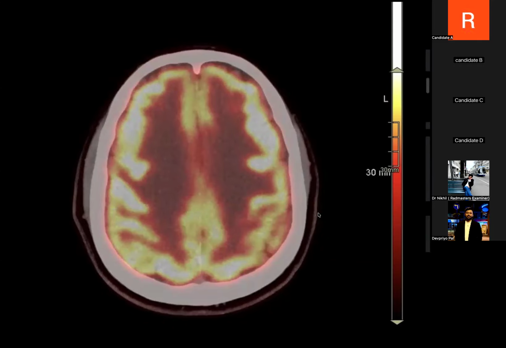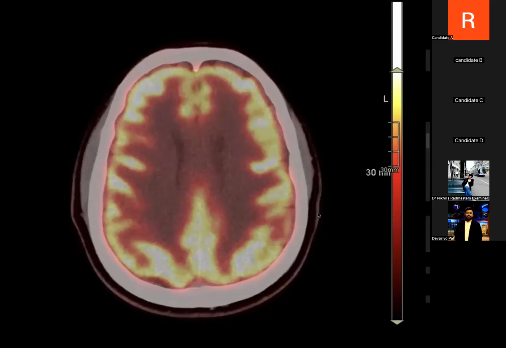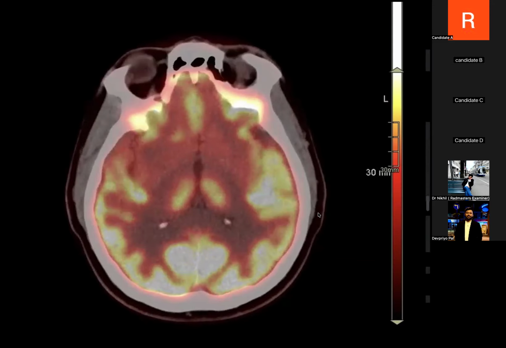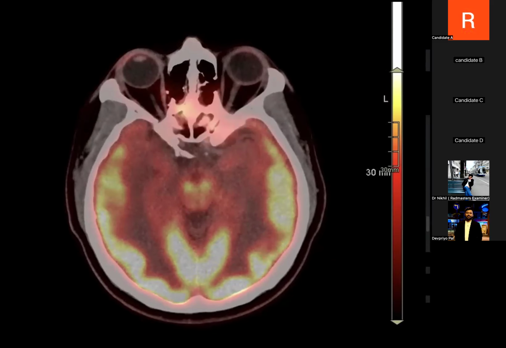So what are you thinking about? So the patient had a history of movement abnormality, so I'm thinking in terms of Parkinson disease, or with the history of dementia, this could also be Alzheimer's disease. I would further correlate with the MRI brain images if available.